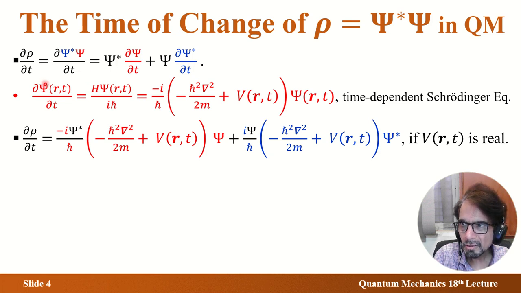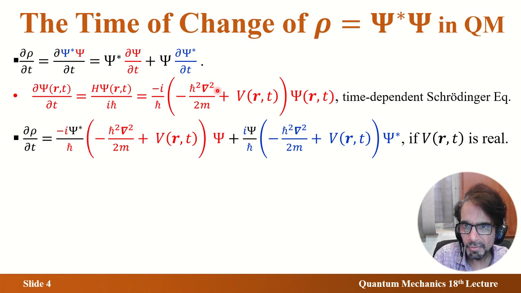Now combine both red and blue, which I write when needed, in this master equation here, first line. Psi star is written in black, and this red quantity I have written here. Psi is here, and if you take the complex conjugate throughout, that will become the blue quantity.